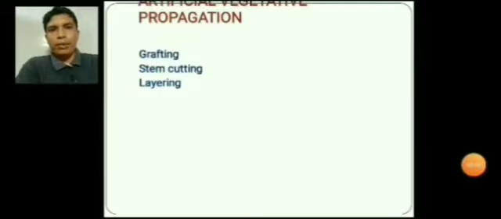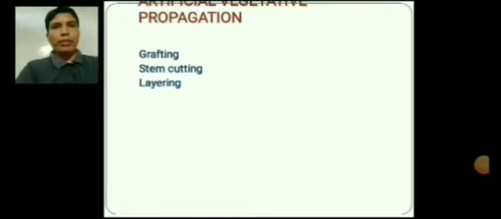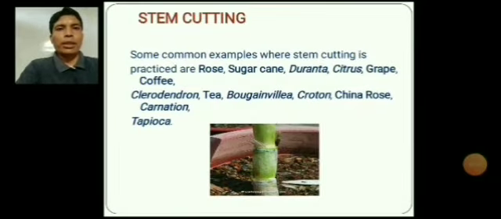Now we have artificial vegetative propagation: grafting, stem cutting, and layering. What is grafting? It is a technique of connecting two parts, usually a root system and a shoot system of two different plants, in such a way that they unite and later develop as a composite plant. Now we have stem cutting.